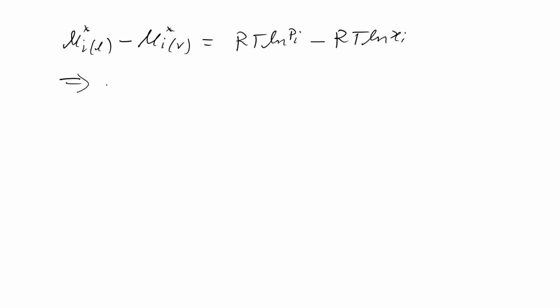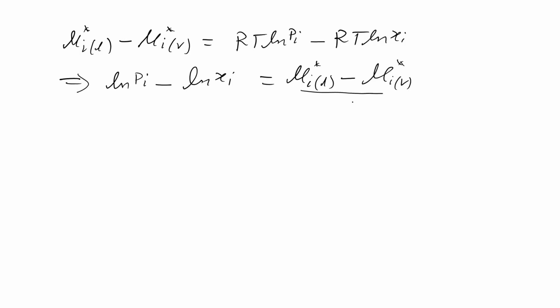See, I can write ln Pi minus ln xi, that is equal to mu I liquid state under standard condition minus mu I vapor phase under standard condition divided by RT.